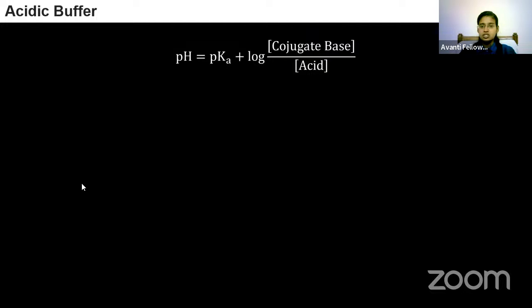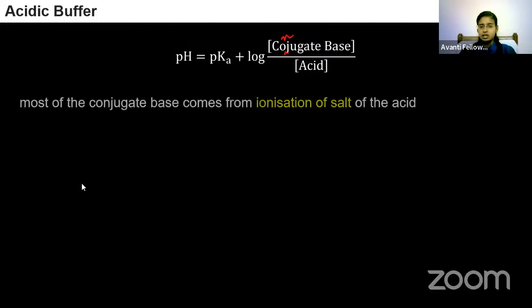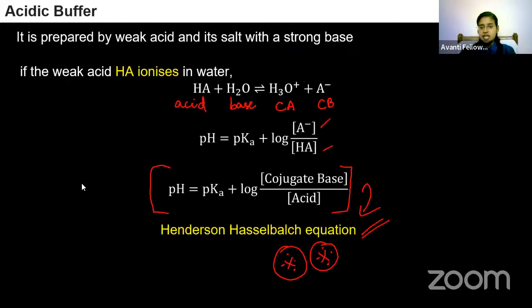It is the conjugate base by acid. Most of the conjugate base comes from the ionization of the salt of the acid. In the previous case also, this conjugate base came from the ionization of the acid.